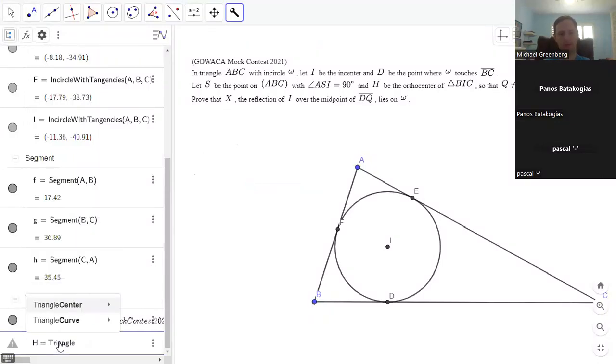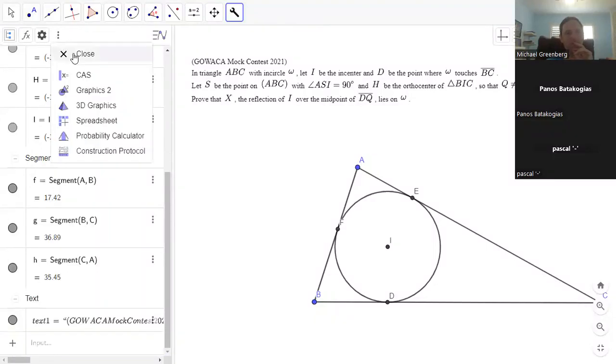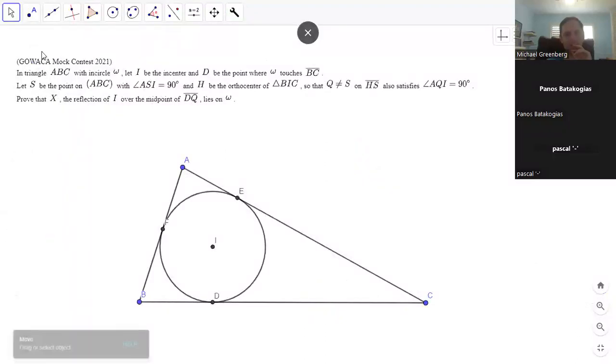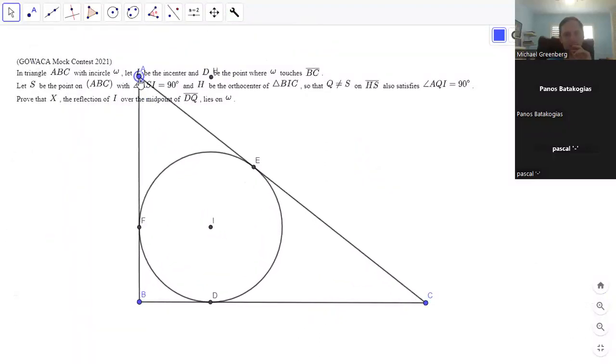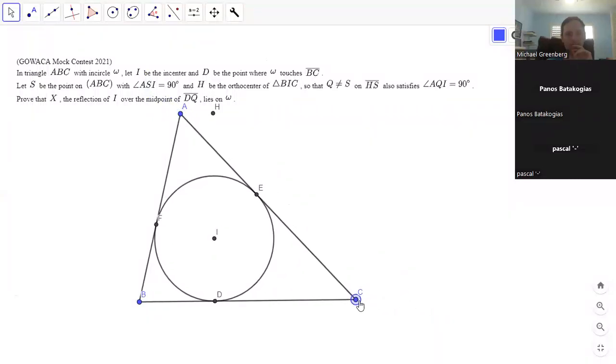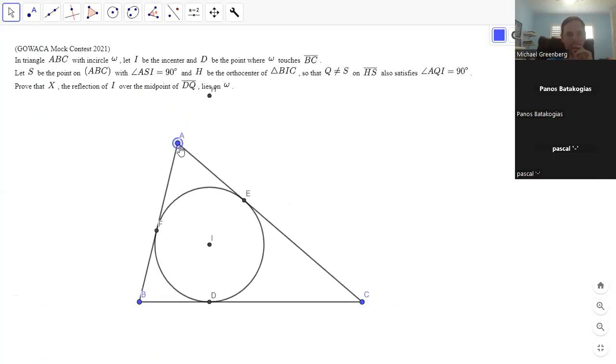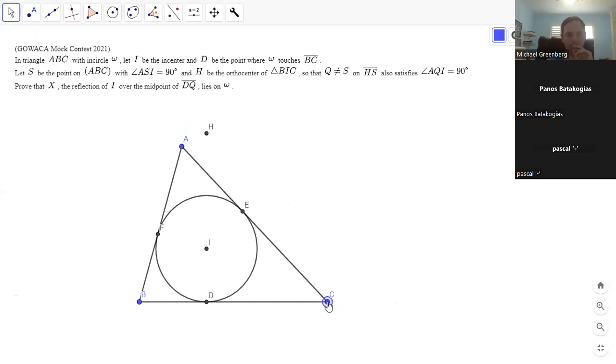So let's see. H is just all the way up there. So yeah, let's try to draw a figure so that H is not so far away.